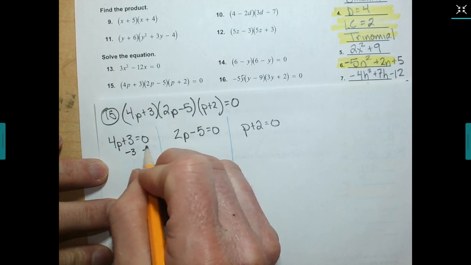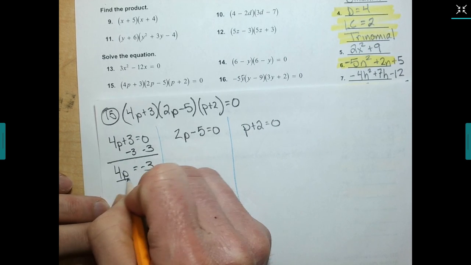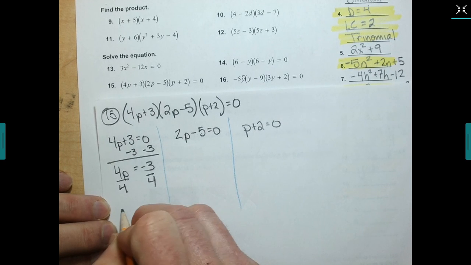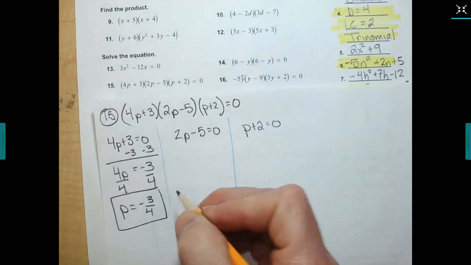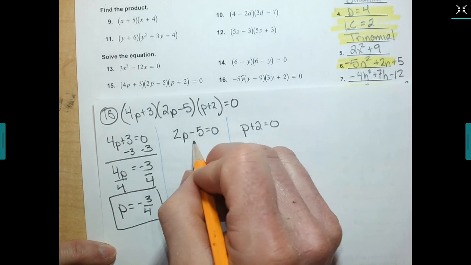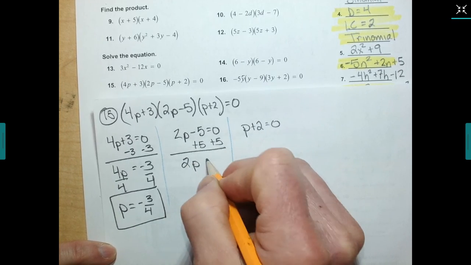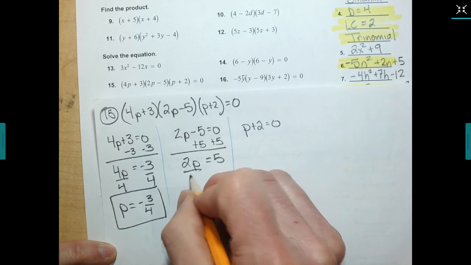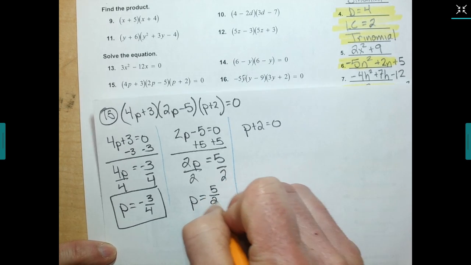So again, please make sure you do the work. Divide by 4, I get p equals negative 3/4. For here, I'm going to add 5 to both sides. 2p equals 5. Divide by 2, and I get p equals 5/2.